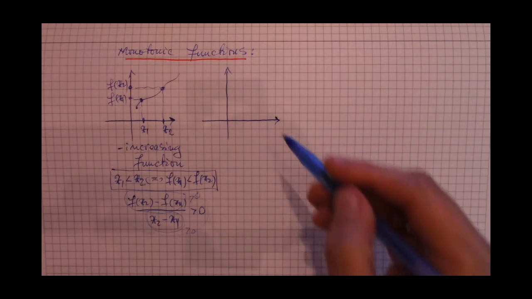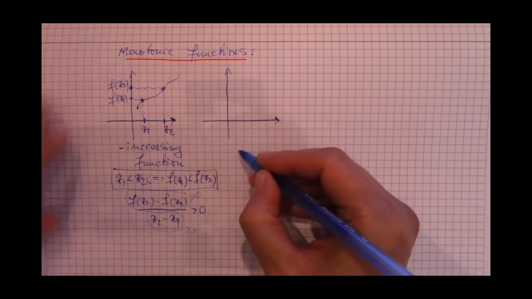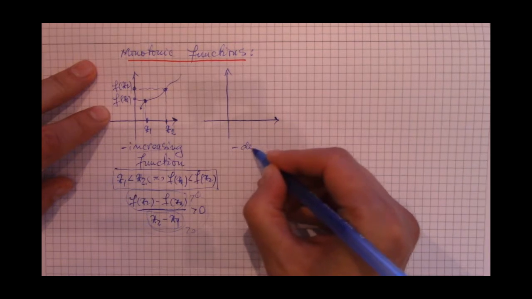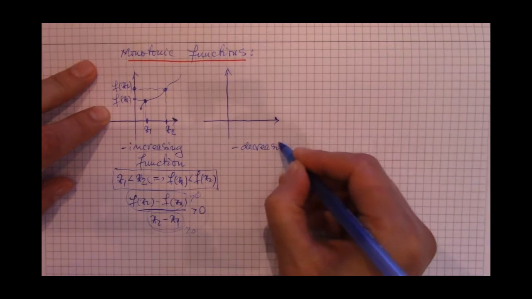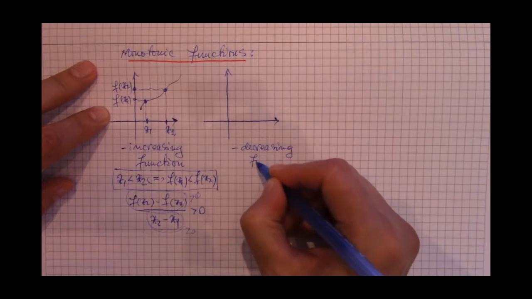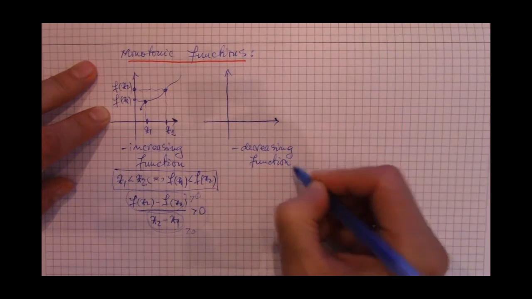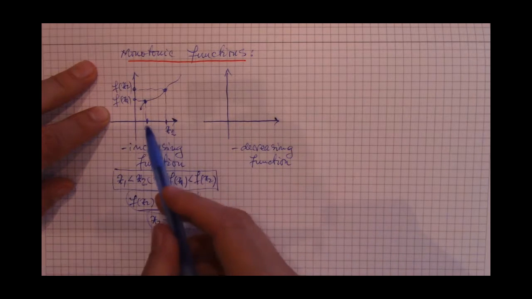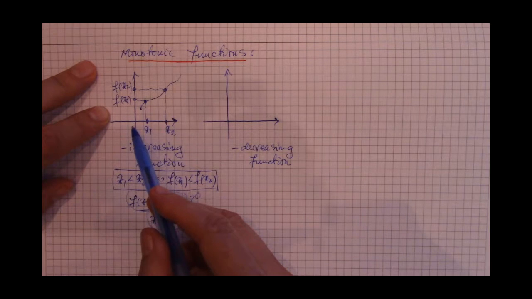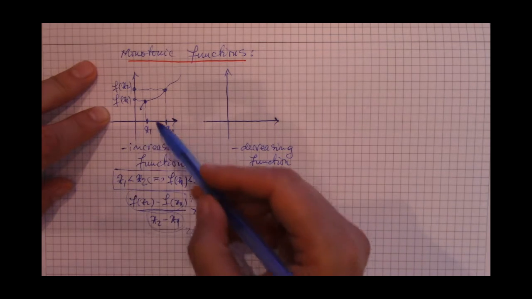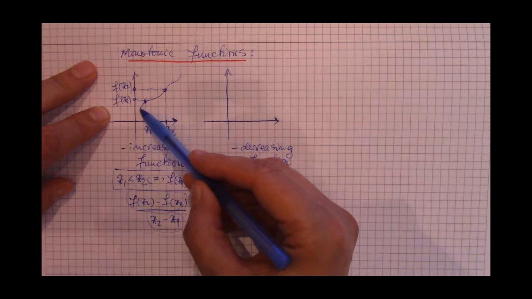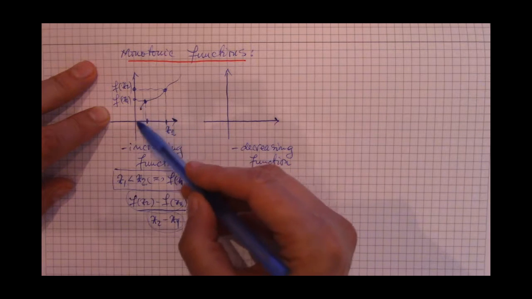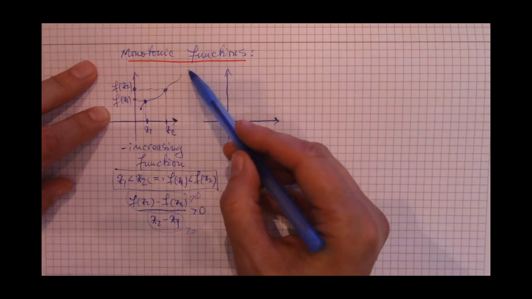And the idea of a decreasing function is in some ways the opposite of a function being increasing. For an increasing function, as we draw the graph of it from left to right, we are supposed to go up.